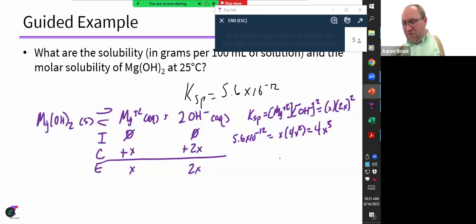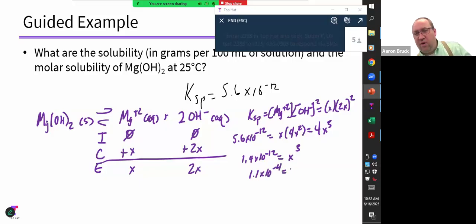Dividing both sides by 4, 5.6 times 10 to the negative 12th divided by 4 is 1.4 times 10 to the negative 12th for X cubed. Cube root, I get 1.1 times 10 to the negative 4th for X. So I could solve the ICE table if I wanted to: 1.1 times 10 to the negative 4th molar for magnesium, 2.2 times 10 to the negative 4th molar for hydroxide.